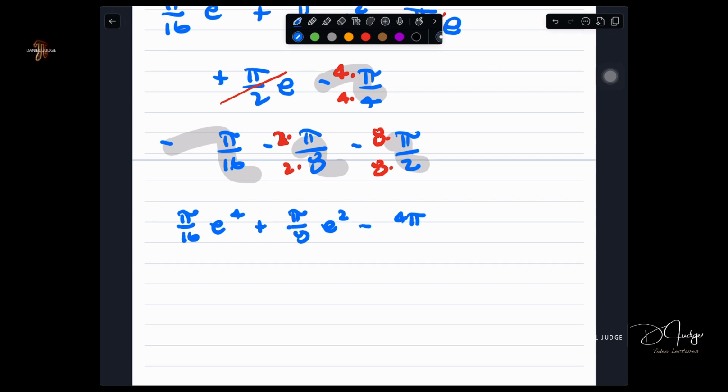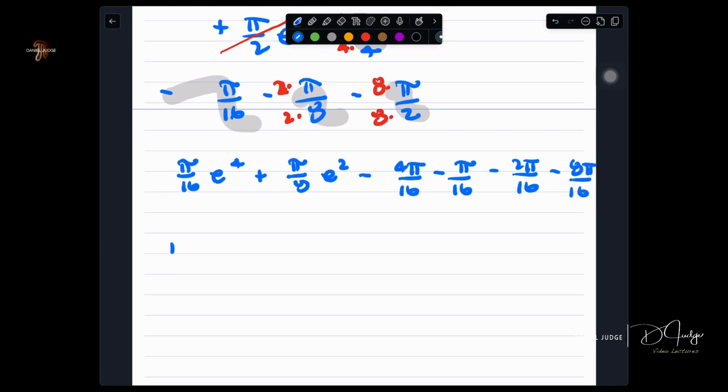So that we have pi over 16 e to the 4th plus pi over 8 e squared, minus 4 pi over 16, minus pi over 16, minus 2 pi over 16, minus 8 pi over 16.